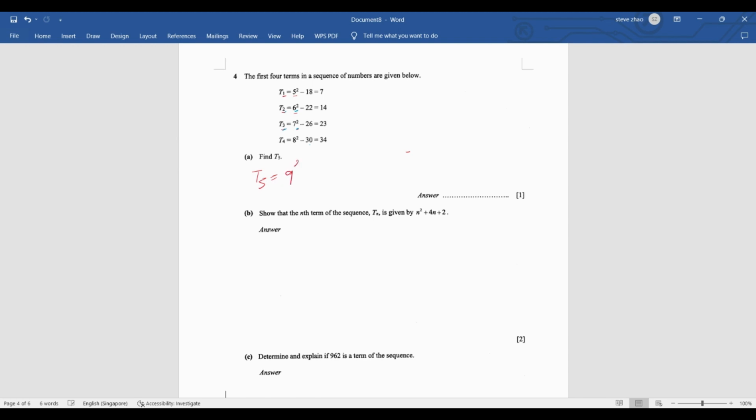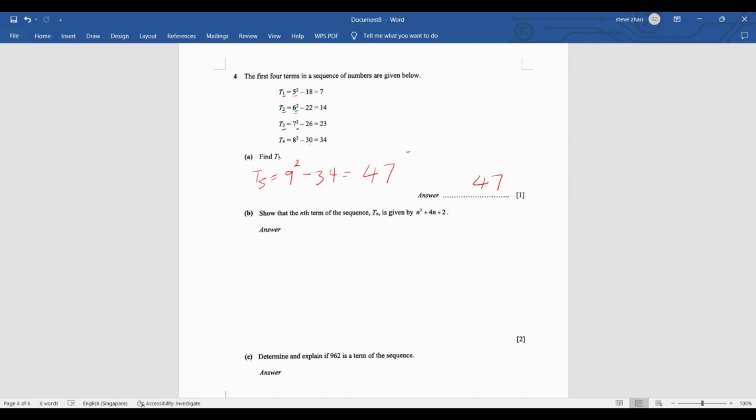So instead of x square it becomes 9 square minus, and it will be subtracted by 4 every time you increase. So this one will be 34. So 9 square, 81, minus 34 will give you 47. Okay, feel free to check with your calculator. Show that the nth term of the sequence is given by this.